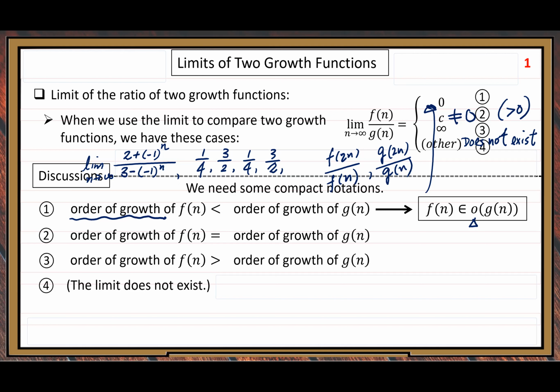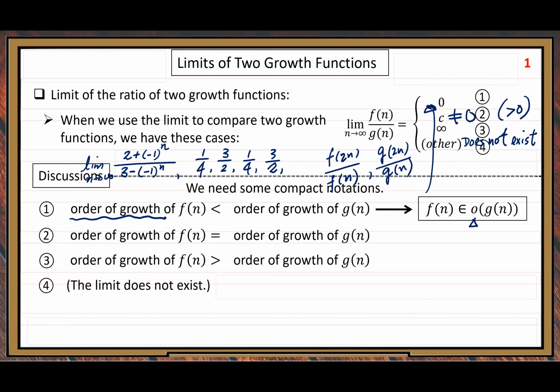Because with this abstract notation, we don't need to write a lot of words. We know its meaning. That's what we need. We do abstraction to make our representation as simple as possible.